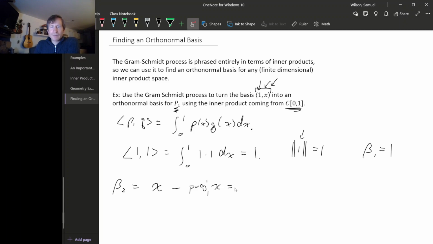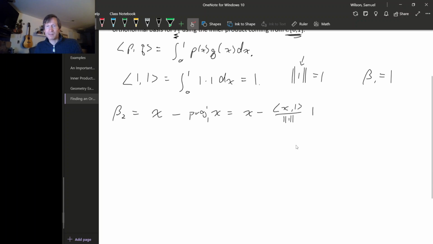Okay, so this is x minus the projection. What is this projection? Again, the formula for a projection is exactly the same in an inner product space as it is in Rn. It's the inner product of x and 1 divided by the norm of 1 times the vector 1. We know that the norm of 1 is 1, so we don't need to calculate this again. But we need to calculate the inner product of x with 1.